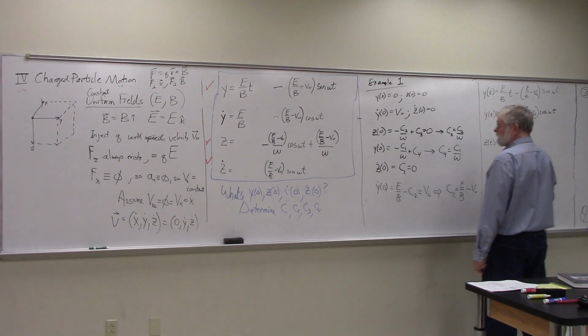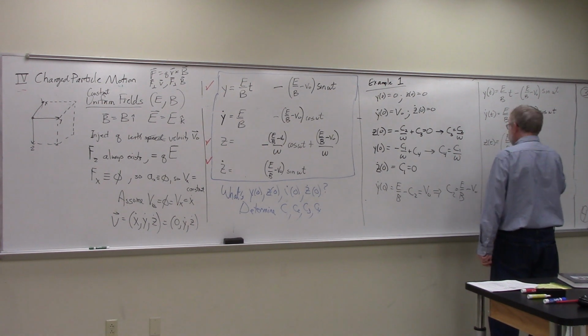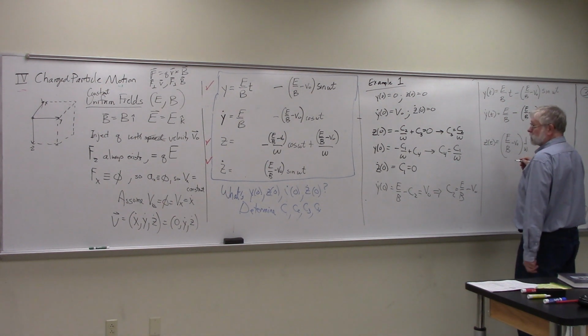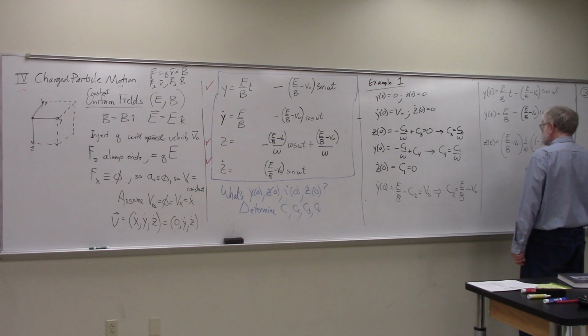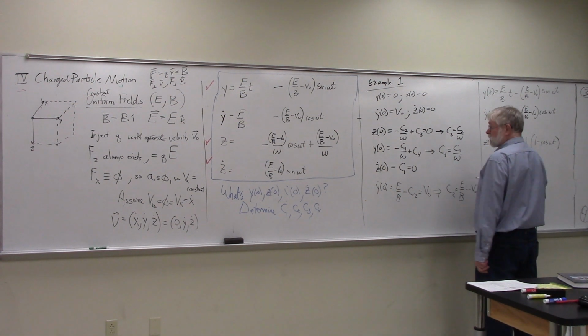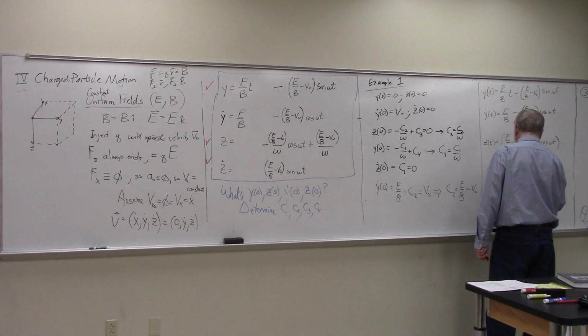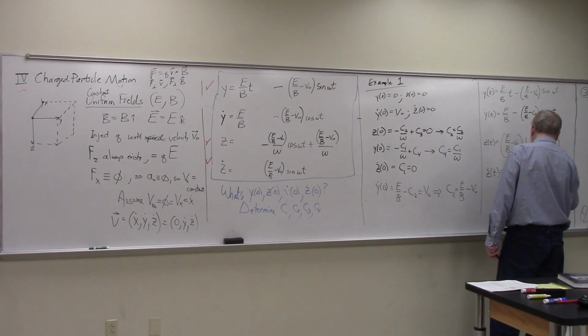Z of t is E over B minus V0 as a factor, 1 over omega as a factor, 1 minus cosine omega t, and z dot as a function of time is E over B minus V0, so I have omega t.